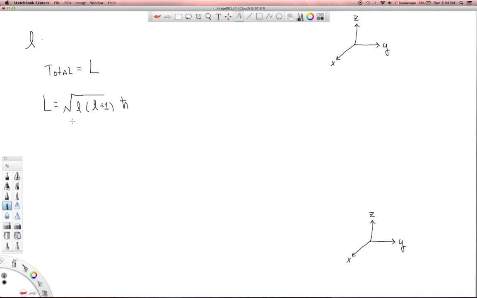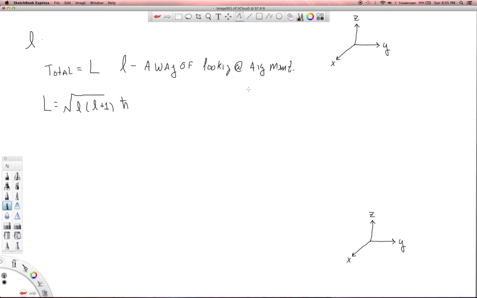So that's really what L is, the quantum number L. Little case l is just a way of looking at the angular momentum of an electron.